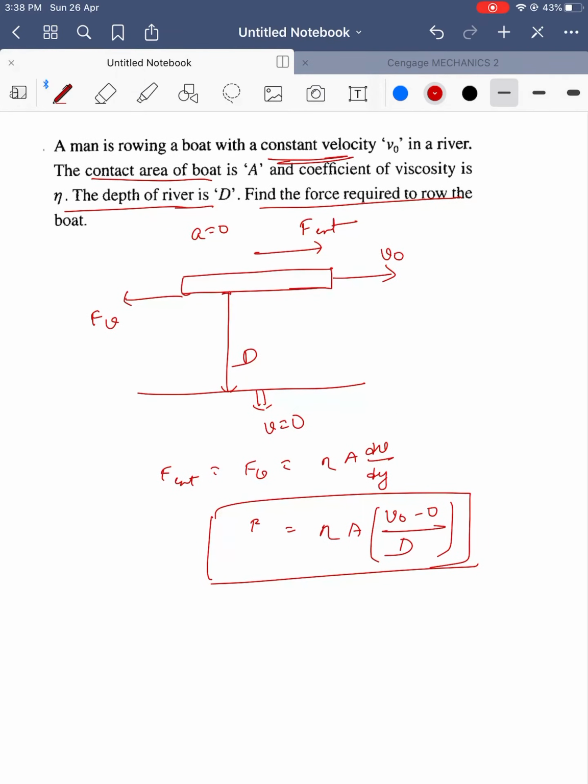Instead of this, at some depth d, the velocity of the liquid is v0 by 2. What will be the force required? I am changing the question. Understand?